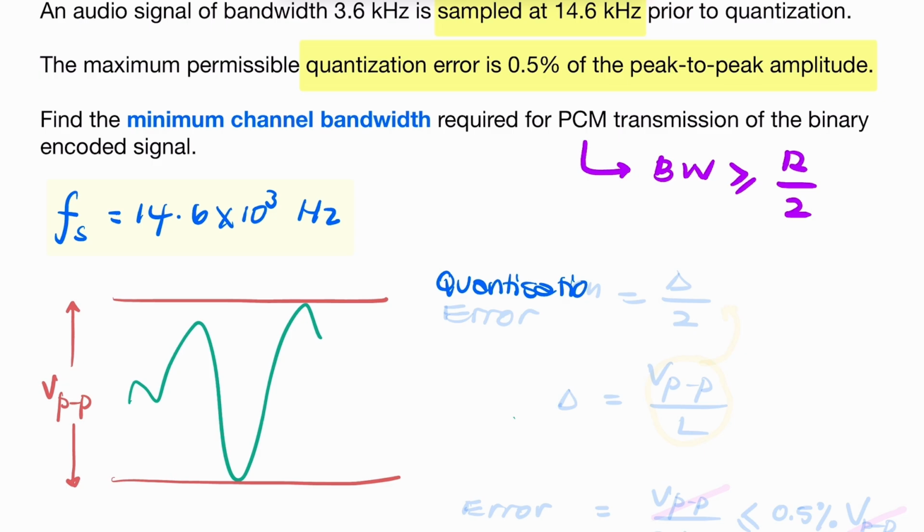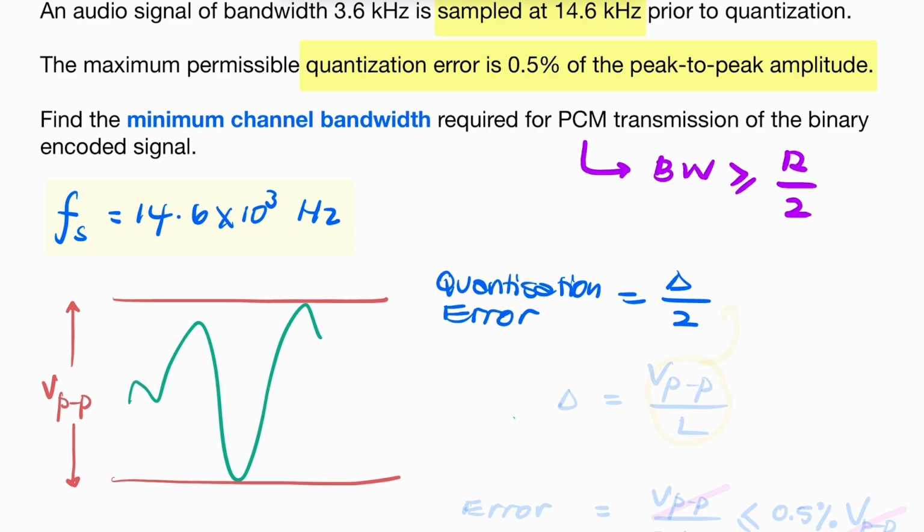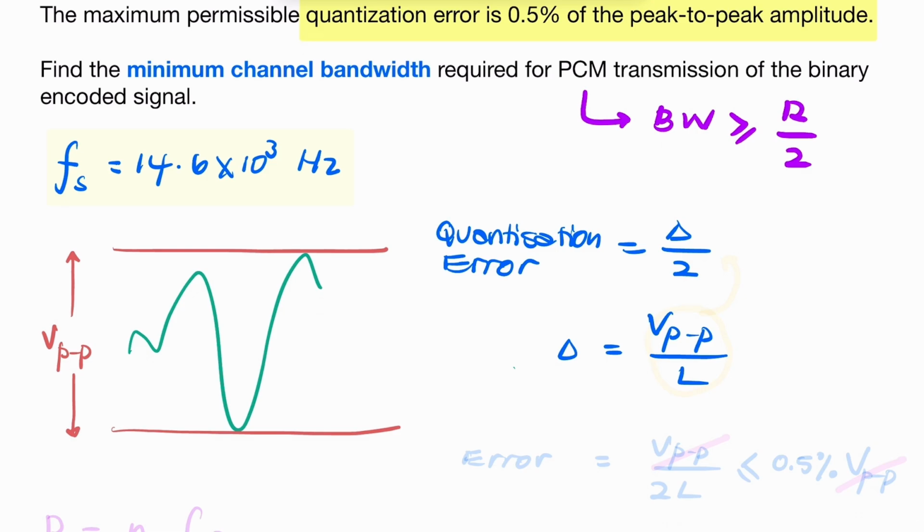Quantization error is the step size divided by 2. So basically the resolution of our quantizer. And the step size is your dynamic range, which we're going to consider the peak-to-peak voltage, divided by the number of levels.